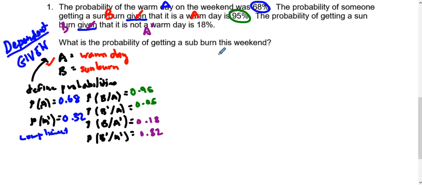Now, sunburn. That's what we want to find. The question is how?